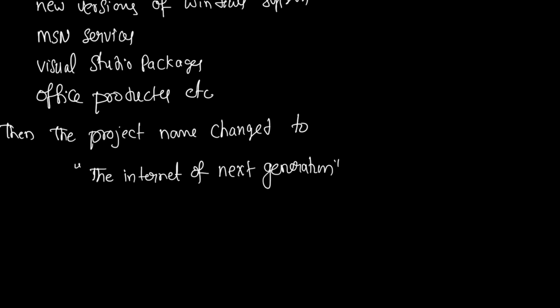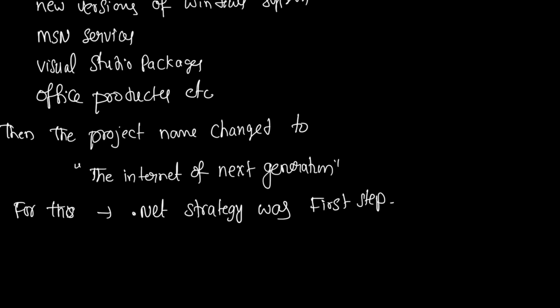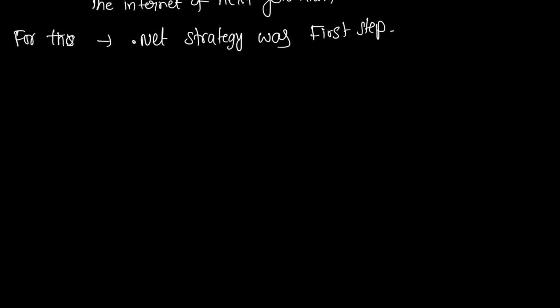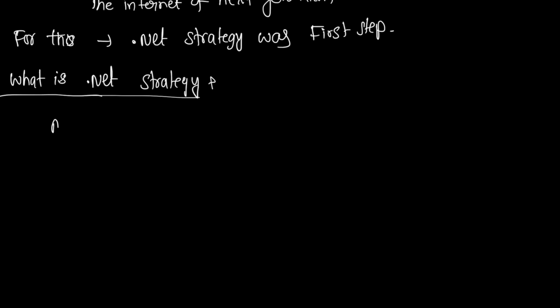For this Internet of Next Generation, the first step was the .NET strategy. This is where we first heard the term .NET, and that's where Microsoft used .NET for the first time. So let's discuss what the .NET strategy is. The Microsoft .NET strategy is a marketing plan that Microsoft followed in the 2000s.